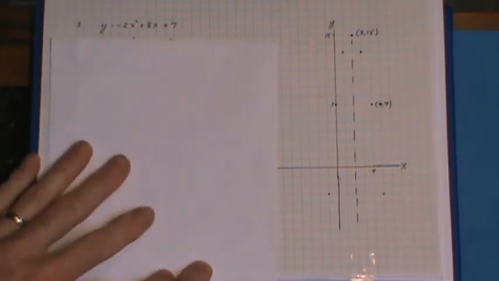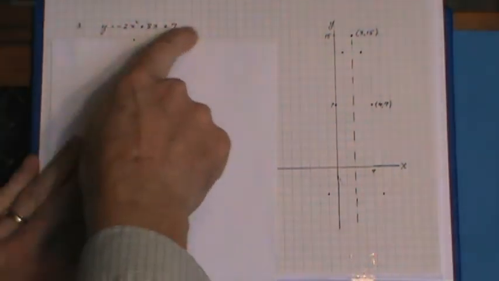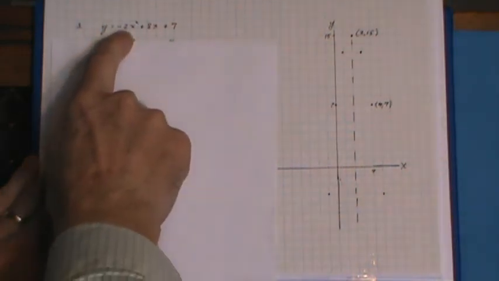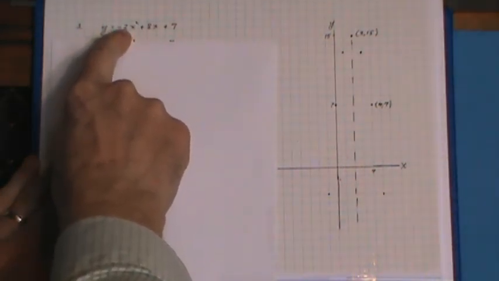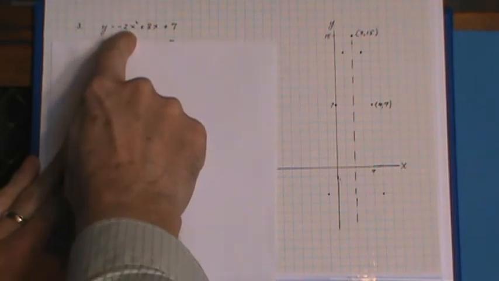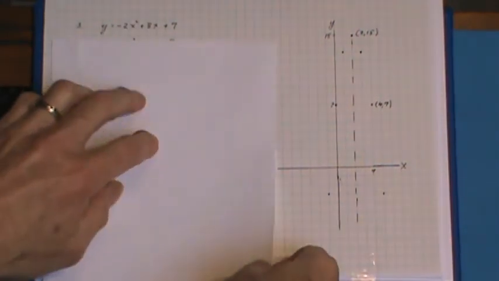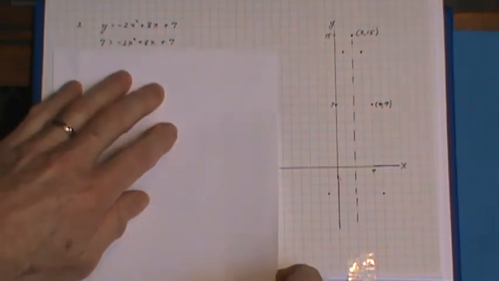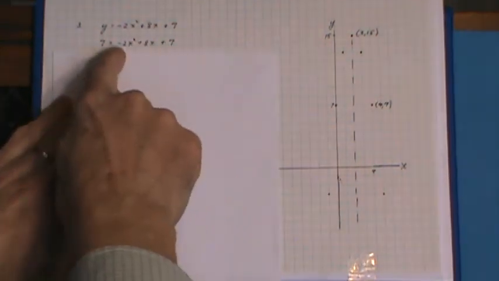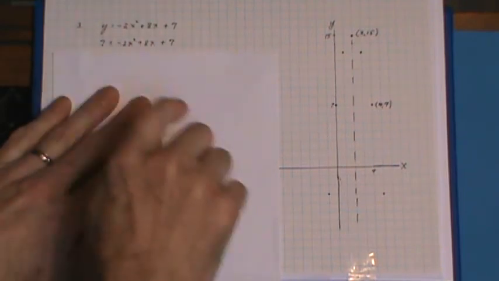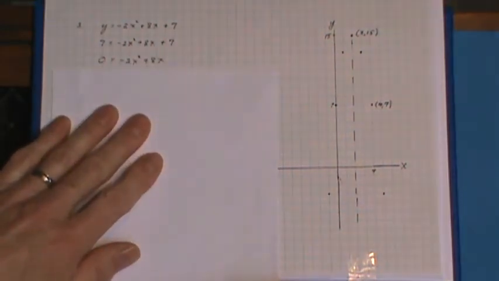Now, my last example has a -2 in front of the x squared. That tells me that the parabola is going to open downward and it will move down at twice the rate. So, just like the last one, I'm going to put a 7 in for the y on this side. When I move that 7 over, I have a 0.